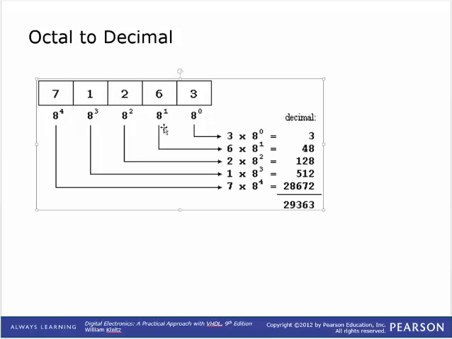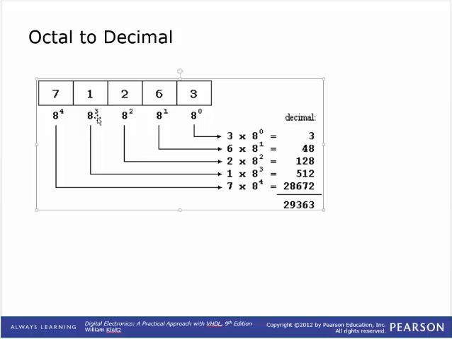This next digit, 6 times 8 to the first power, which is 6 times 8, which is 48. The next position is 2 times 8 to the second power. 8 to the second power is 16. No, it's 64. 8 squared is 64. So 2 times 64 is 128.